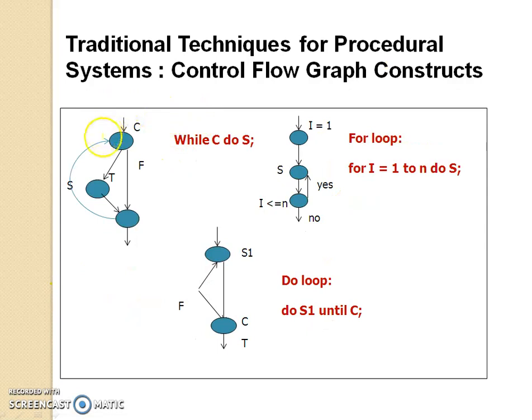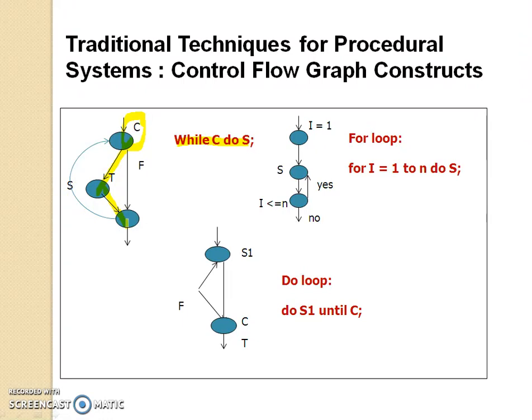Likewise, this is how the constructs will look in the case of loops, or basically multiple iterative statements in any procedural program. Suppose the block is a while loop. So we have a while condition. If the condition is true, do statement S n number of times and then exit out. The condition is tested first. If it is true, it will go in here, execute S, come out, and then check the flag condition.